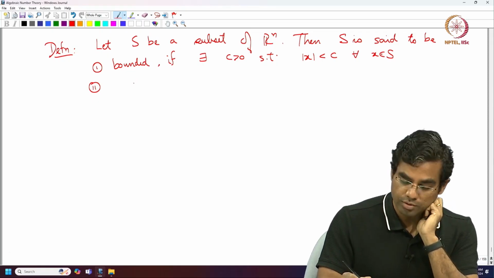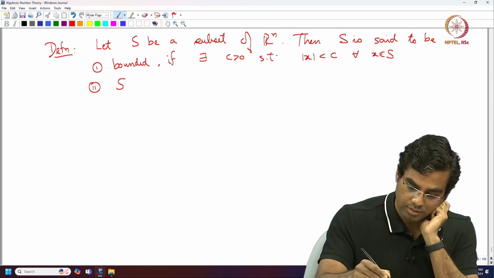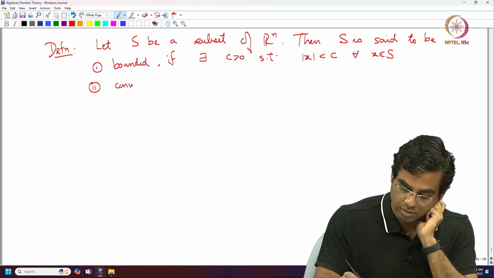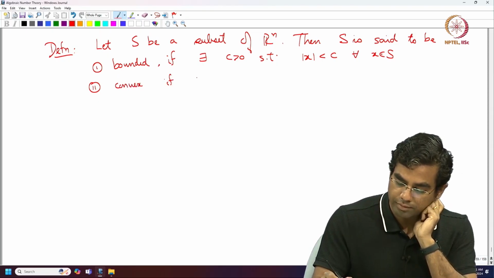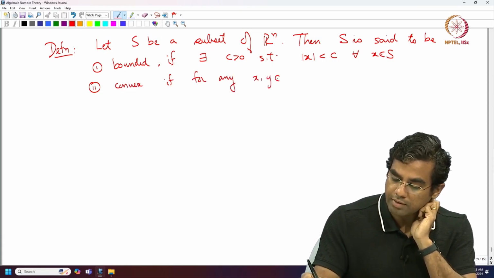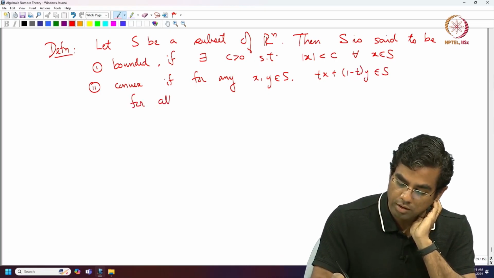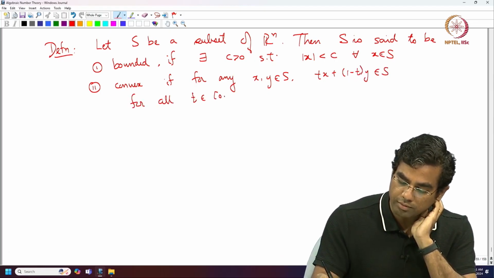Then S is closed, I will not define that. S is convex if for any two points x and y in S, t times x plus (1 minus t) times y is in S for all t between 0 and 1.